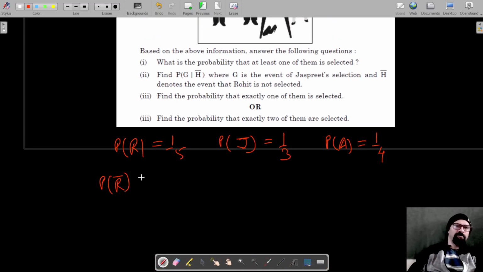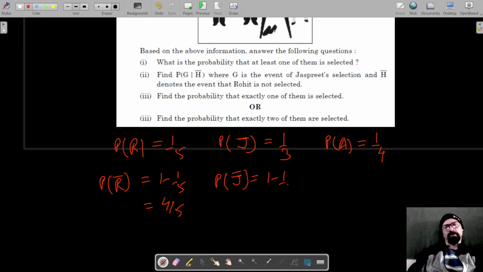Let's find out the not probabilities. The probability of Rohit's not selection is 1 minus 1 by 5, which is 4 by 5. Similarly, the probability of Jaspreet's not selection is 1 minus 1 by 3, which is equal to 2 by 3. And the probability of Alia's not selection is 1 minus 1 by 4, which is 3 by 4.